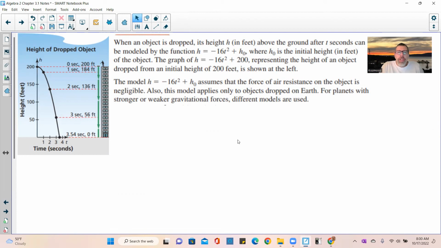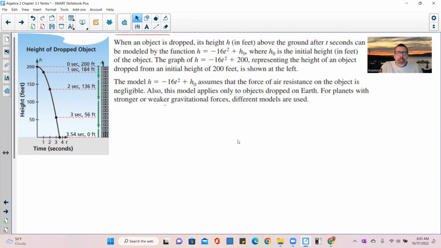The graph of h equals negative 16 t squared plus 200, so h sub 0 is 200, is representing the height of an object dropped from an initial height of 200 feet, and it's shown at the left here. So it shows a guy standing on the top of a building, and it's a 200-foot building, 20-story building, and he's dropping something off the side of the building.